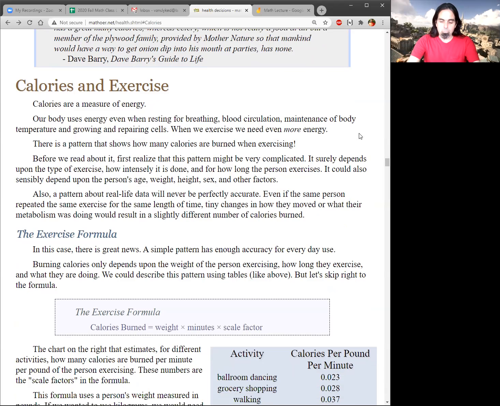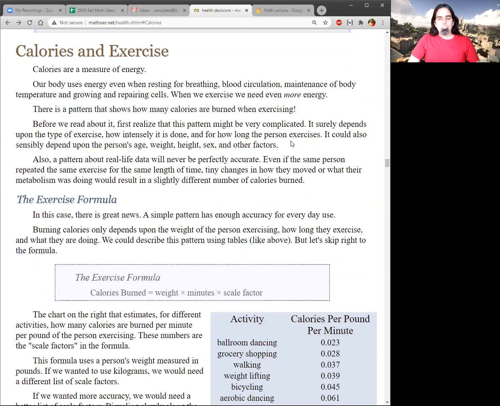And there's a pattern that shows you how many calories you need when you're exercising. And it turns out to be a very simple pattern, which is nice. So that's why we're starting with this. But it could have been very complicated. It's kind of amazing that somebody's age or weight or height or sex or other factors doesn't work into this.